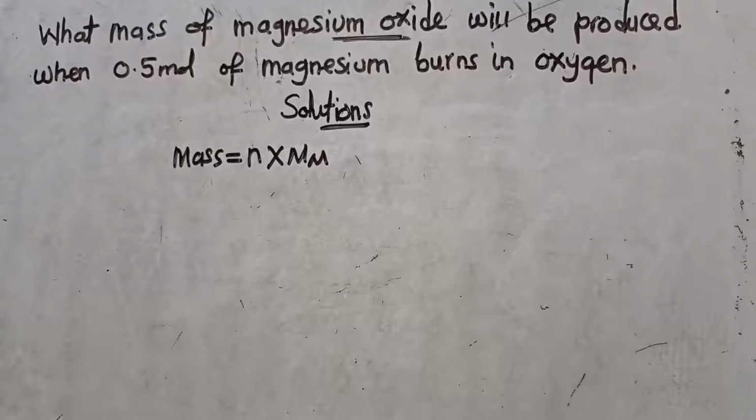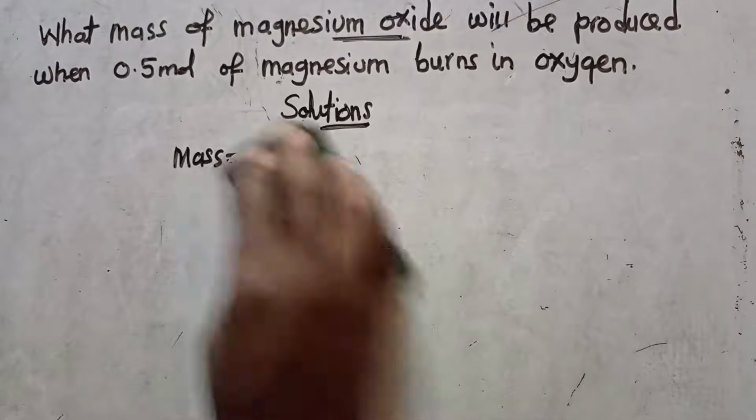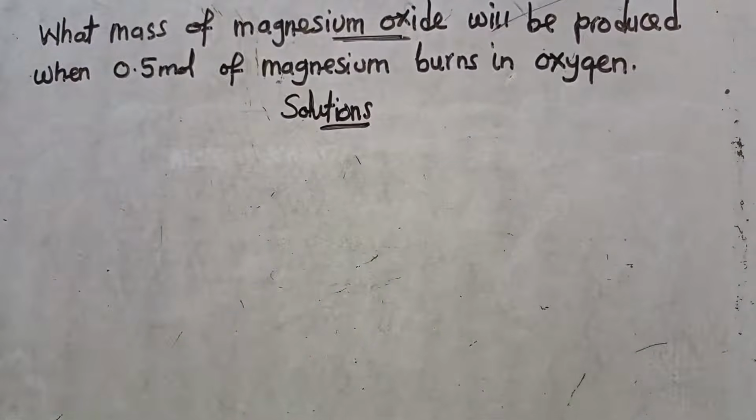They are just telling you, what mass of magnesium oxide is there in such and such. But whenever they are considering two reactants reacting together, it means that you need to form an equation. So don't make that mistake again.